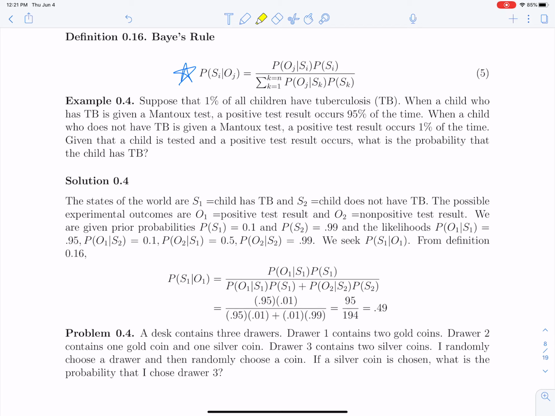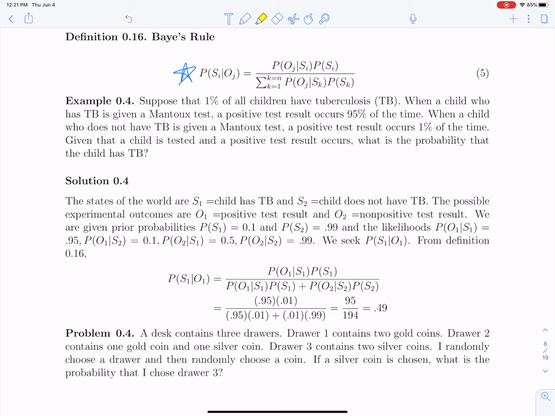When a child who does not have TB is given the Mantoux test, a positive test result occurs 1% of the time. So that might just be like an error. That's probably like the margin of error with the test, that sometimes, 1% of the time, a kid gets a false positive.